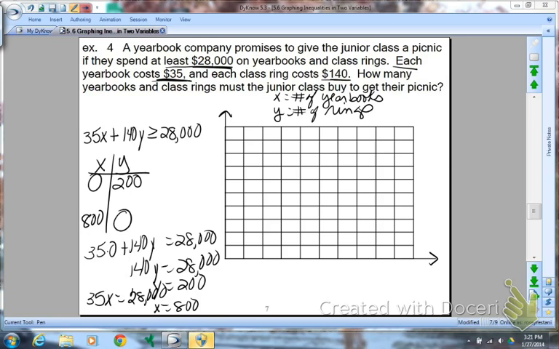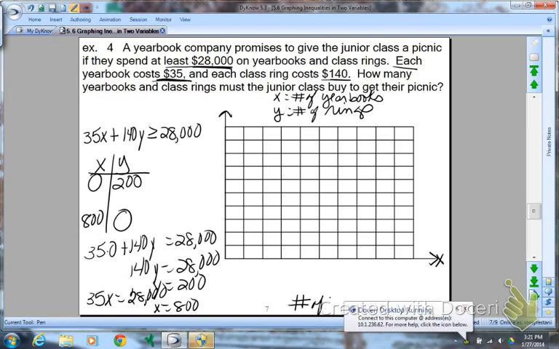Okay, now it's time to graph. I have to label. My horizontal axis is my x-axis. What does that stand for? The yearbooks. Number of yearbooks. You must label number of yearbooks. And my vertical axis is my y. That stands for number of rings.